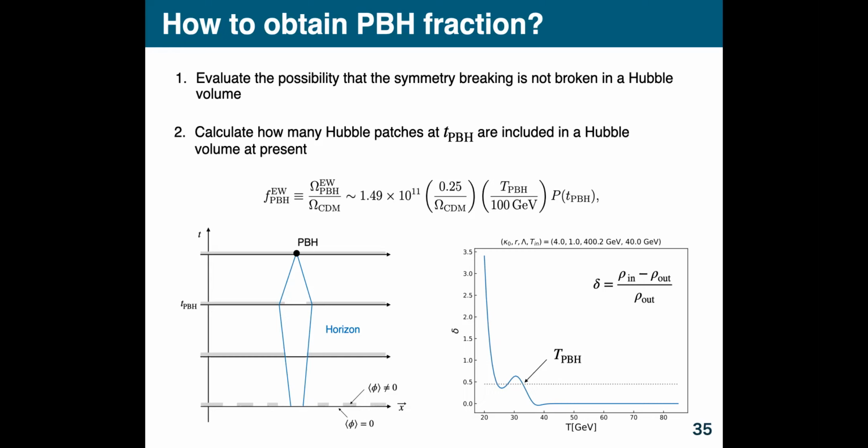Therefore, we can determine the number of Hubble horizons when the phase transition occurs. If the number density is obtained, then P is the probability that the symmetry is not broken in a whole Hubble horizon. Then we can obtain the fraction.